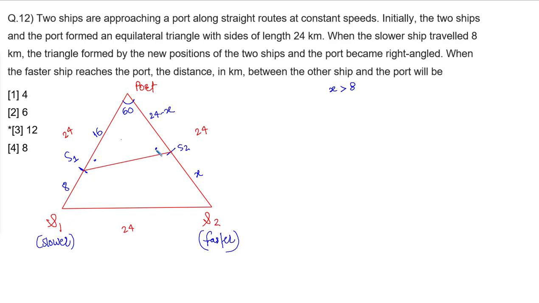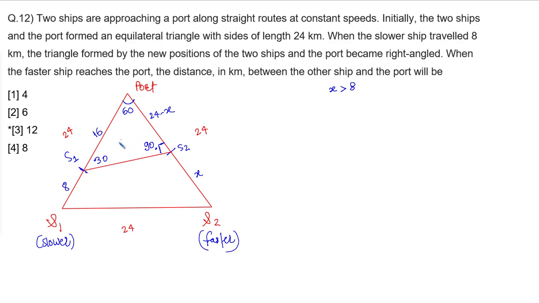So is 16 longest or is 24 minus x longest? As the value of x is greater than 8, 24 minus x will be lesser than 16, meaning the angle opposite to 16 will be 90 degrees. This angle is going to be 90 degrees and this angle is going to be the 30 degree angle.